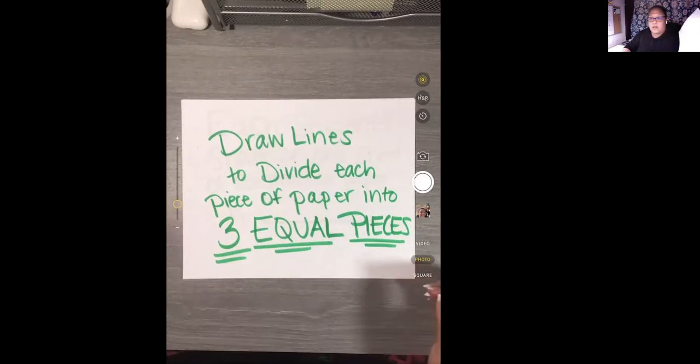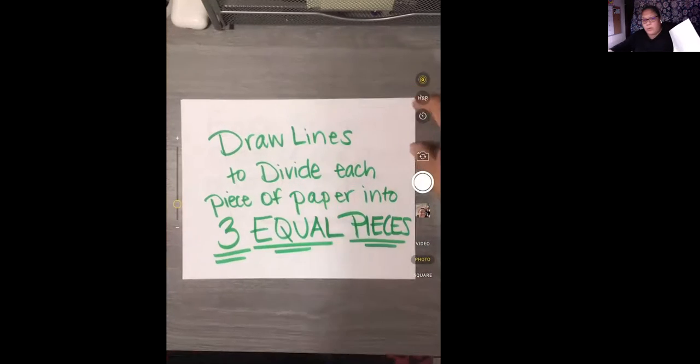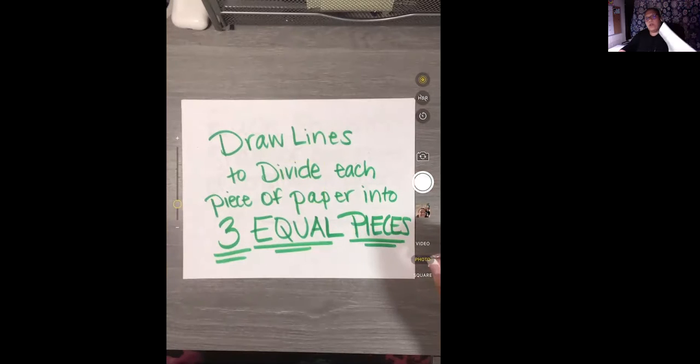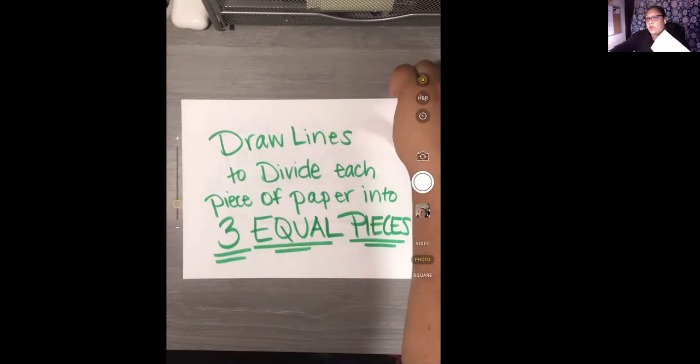Now for this lesson, I actually have 2 pieces of paper. Later on in the lesson, we'll be able to draw our rectangles for paper or our circles for pizza or whatever it may be that we want to represent in our model. But for right now, I will be drawing lines on 2 pieces of paper, 3 equal pieces.